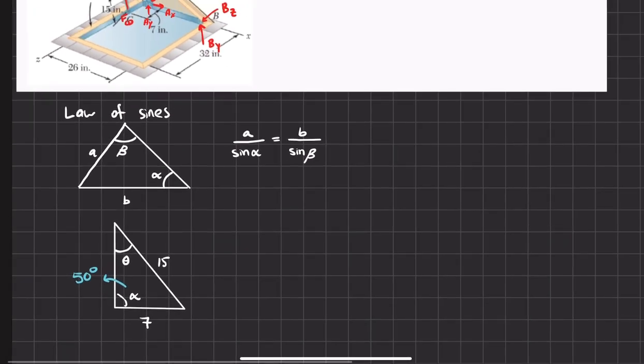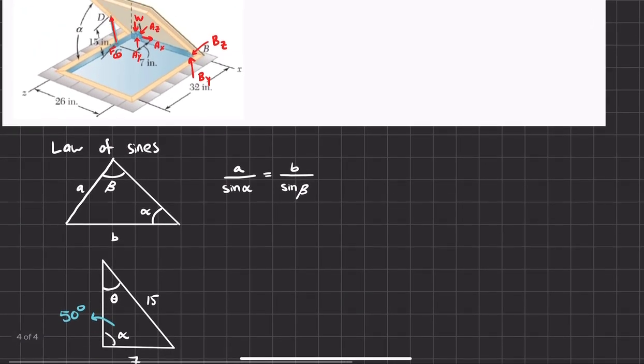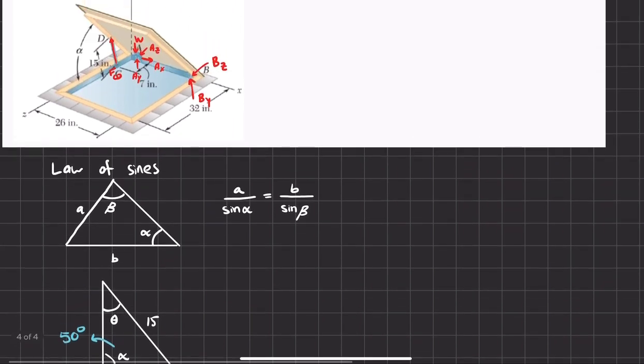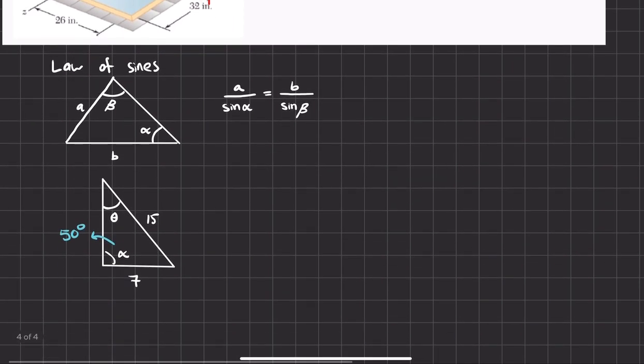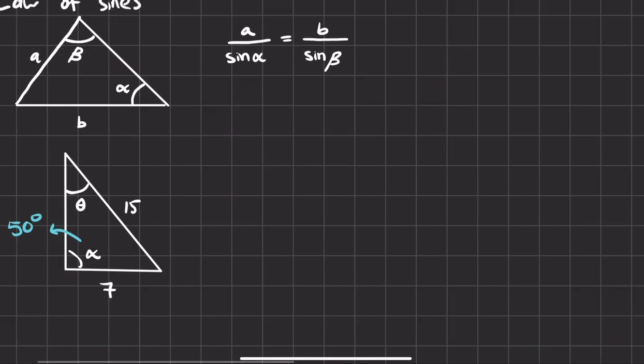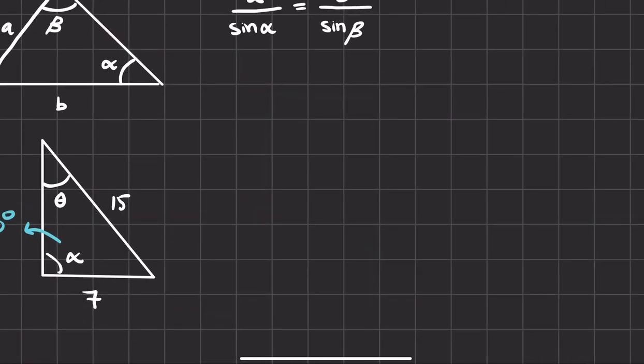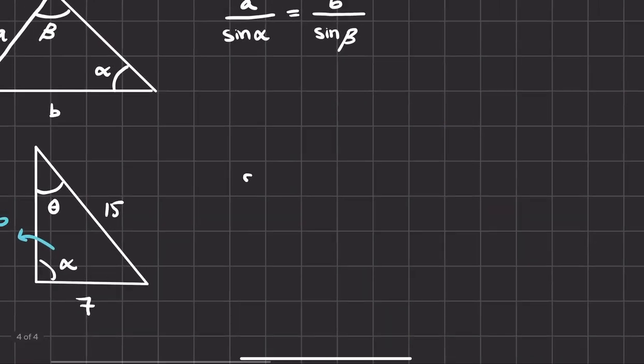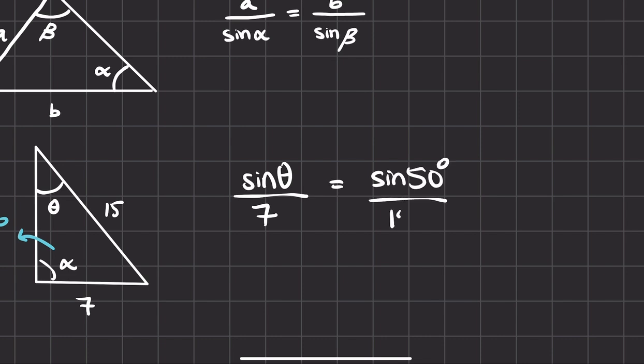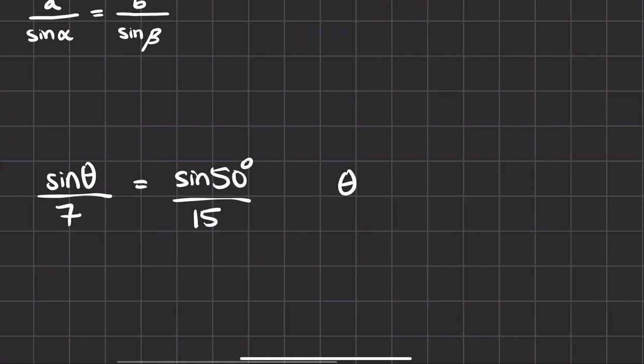I rotated this triangle to have our 7 length on the bottom and our 15 length going along the hypotenuse like that. And so using the law of sines, we can have sine of theta over 7 is equal to sine 50 degrees, which we're given, over 15. And we'll get that theta is equal to 20, around to 21 degrees.